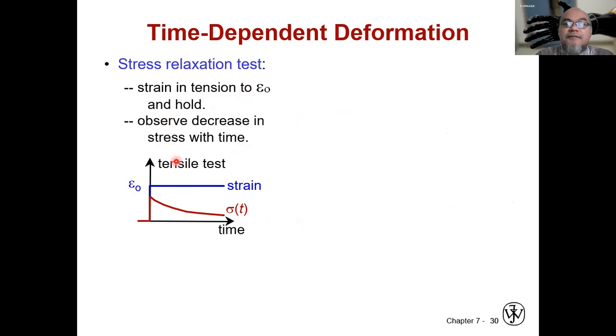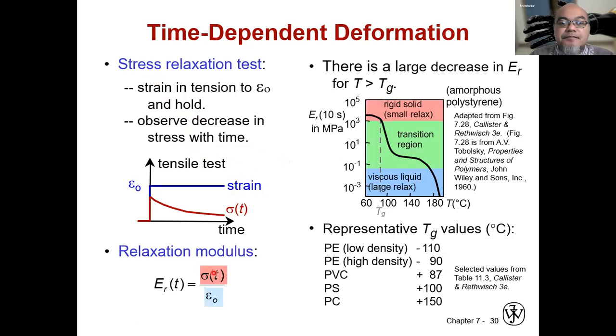Normally, if it is time-independent deformation, when we stretch, the stress will remain the same. However, in some materials, we can observe this decrease of stress with time. This is called the relaxation modulus. E_r(t) equals sigma as a function of time divided by epsilon 0.